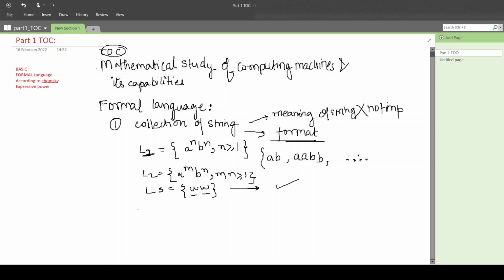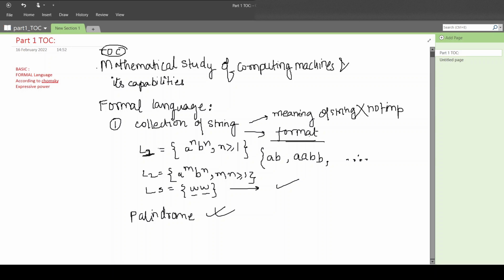Yes, palindrome is also a formal language, because we can see there is a format from which we can establish the strings.